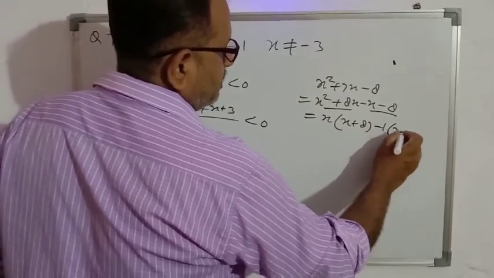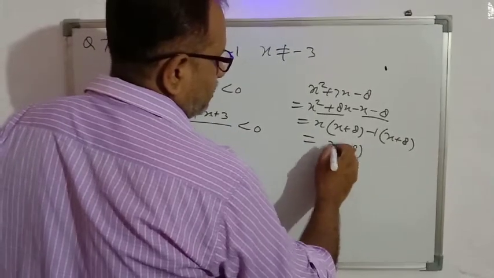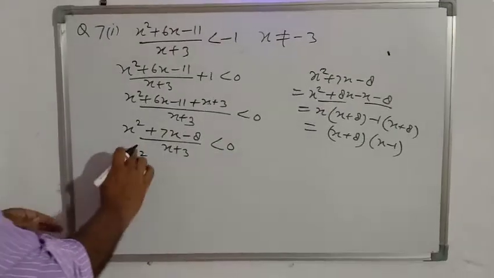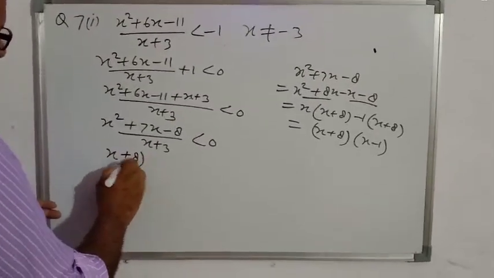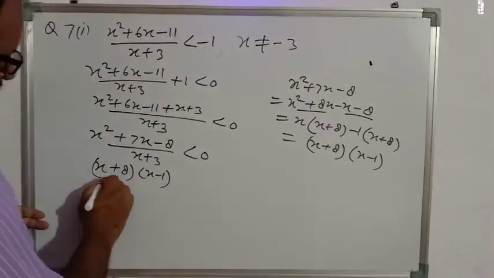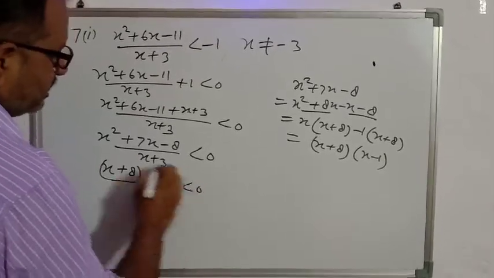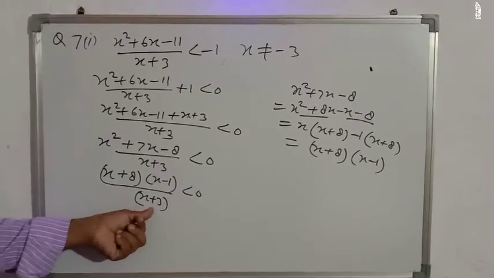Minus 1 common, x plus 8. x plus 8 is common in both, so (x plus 8) into (x minus 1). So the numerator will be (x plus 8) into (x minus 1) upon (x plus 3) less than 0. Again, the denominator is x plus 3.